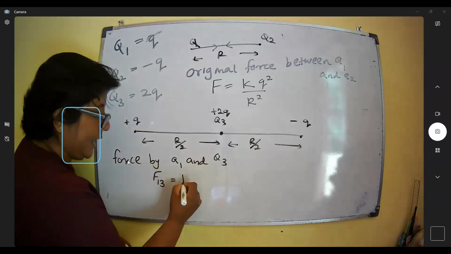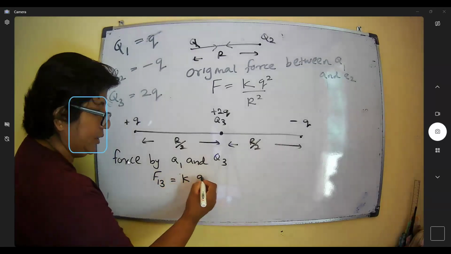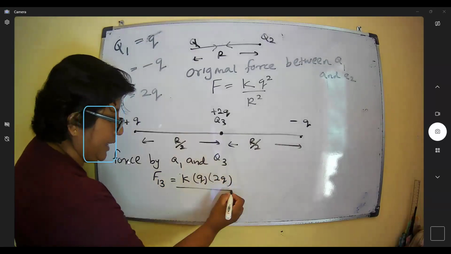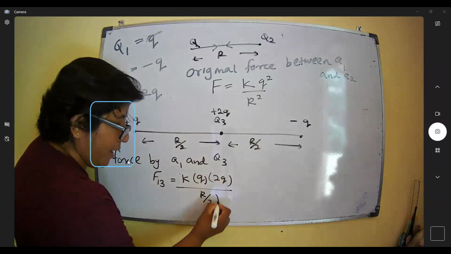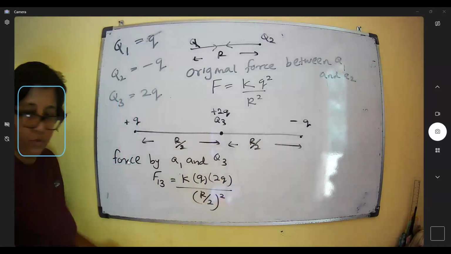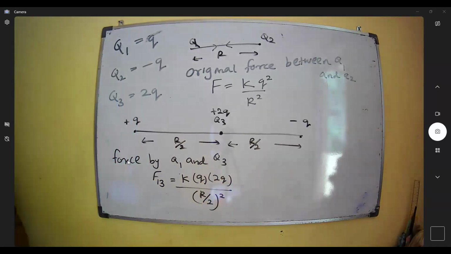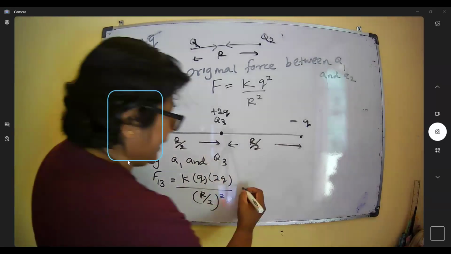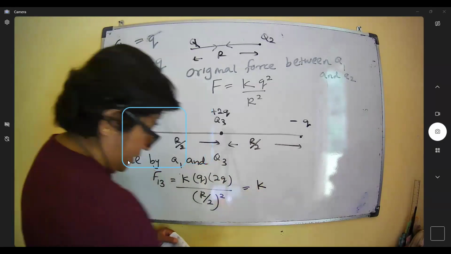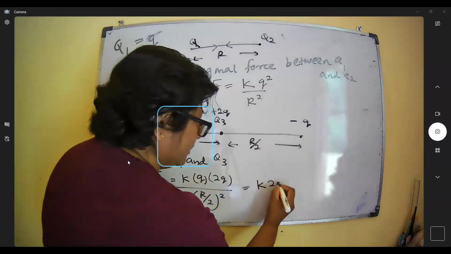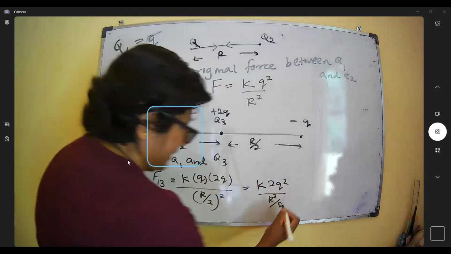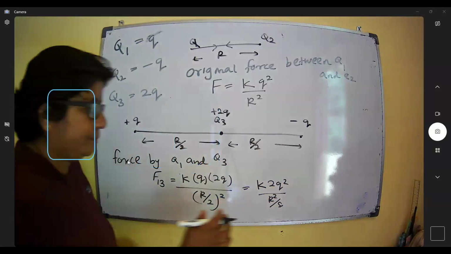F13 is K, Q1 is Q, and Q3 is 2Q, divided by R by 2 squared, because Q3 is at the midpoint of the line, right? Then the answer is K times 2Q squared divided by R squared over 4.